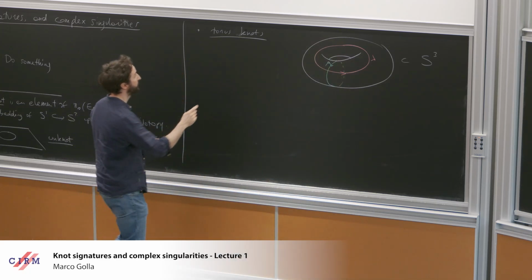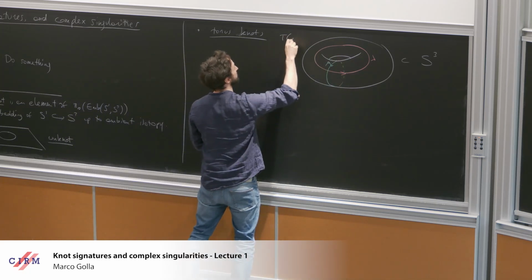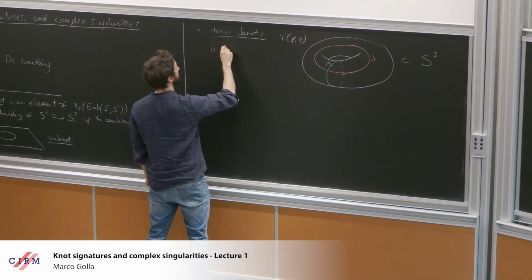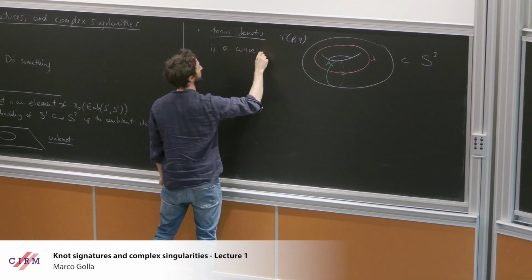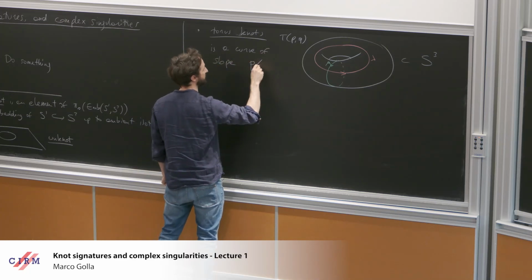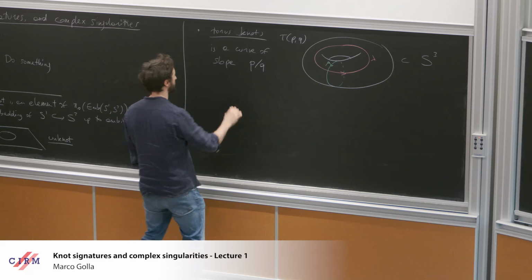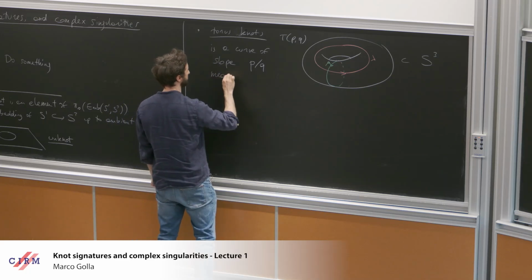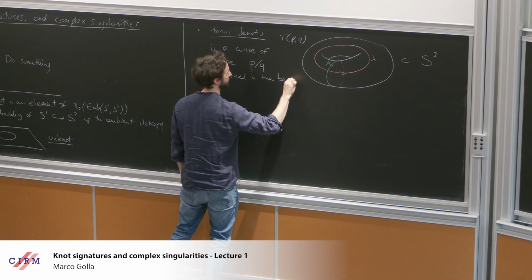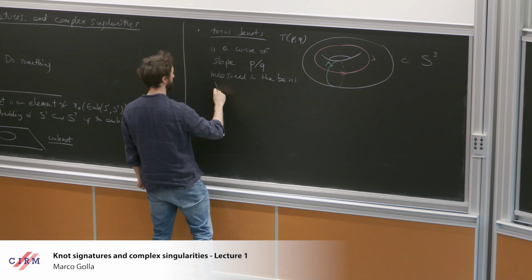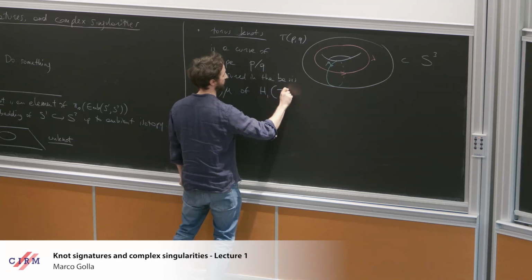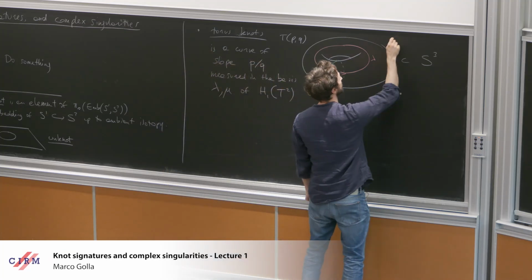And a torus knot, the torus knot T_{P,Q}, is a curve of slope P over Q measured in the basis lambda, mu of H1 of T2.